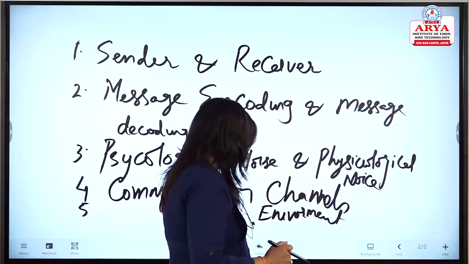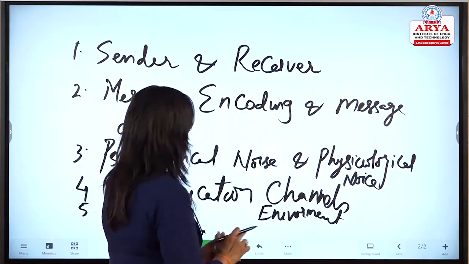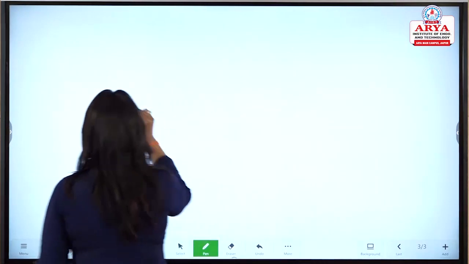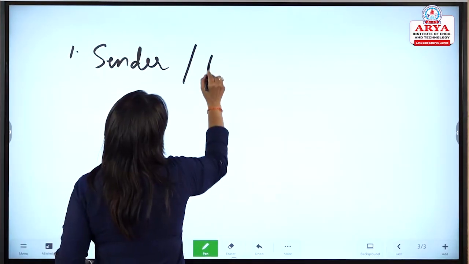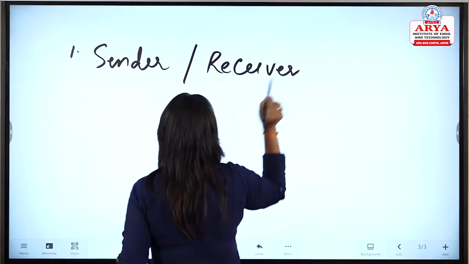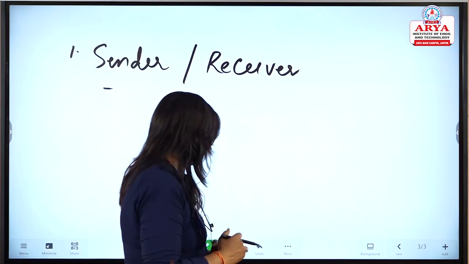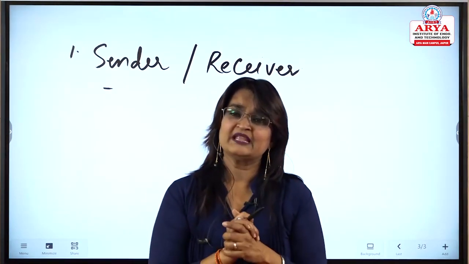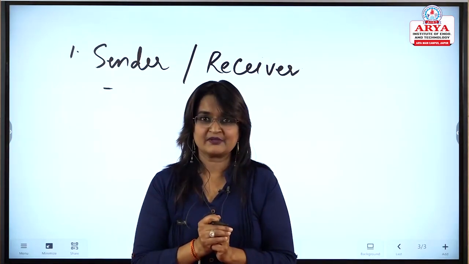And so, further, let us now work on the first point. We will first work on the sender and receiver. When we are talking about the sender and receiver, the sender is the person who is sending the message, who is drafting the wordings.